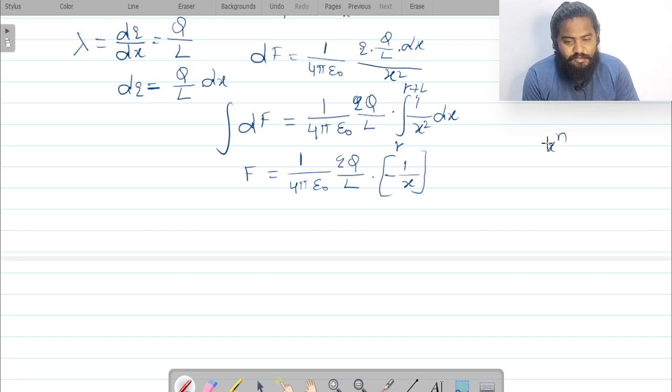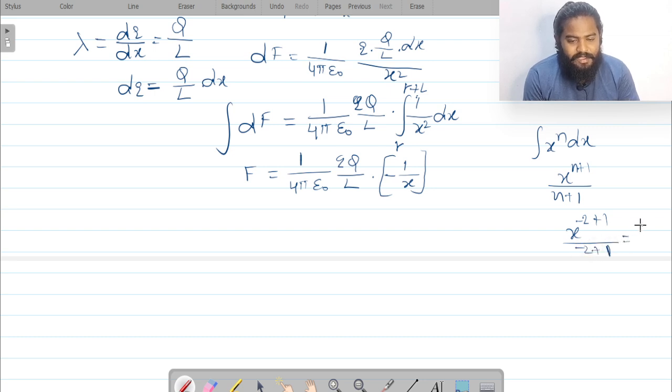If you integrate x to the power of n dx, you will get x to the power of n plus 1 by n plus 1. Here, with x square upstairs, you get x to the power of minus 2 plus 1 by minus 2 plus 1, which is x to the power of minus 1 by minus 1. So simply I can write minus 1 by x, isn't it? The lower limit is R and the upper limit is R plus L.